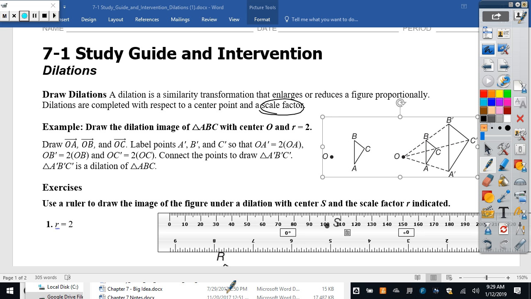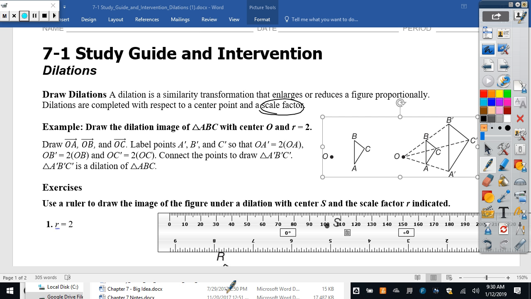The scale factor can also be called the similarity ratio or the R value. These are all terms that describe how much bigger or smaller the object has gotten. It's the scale.